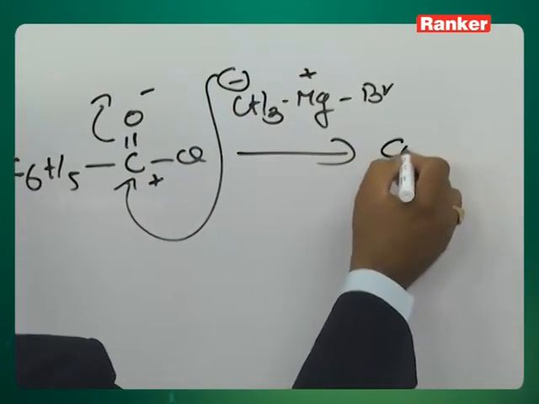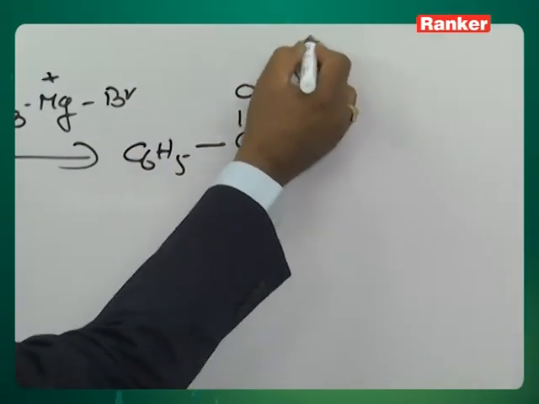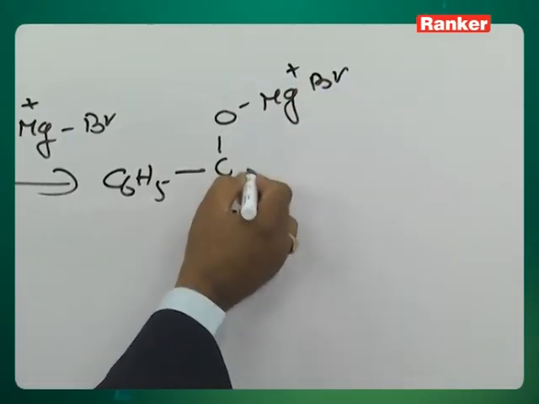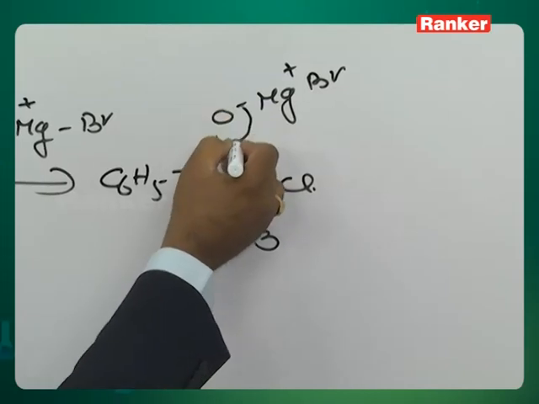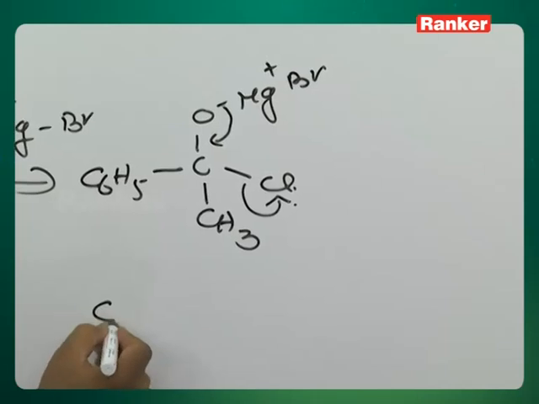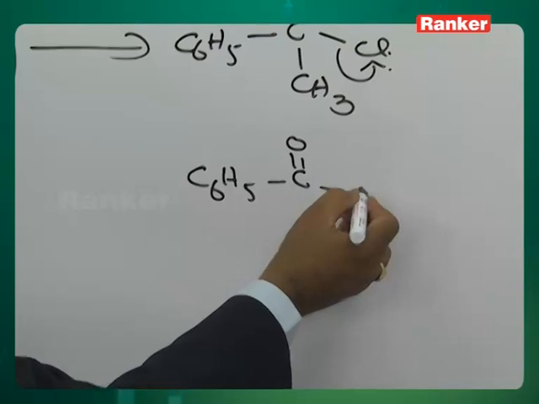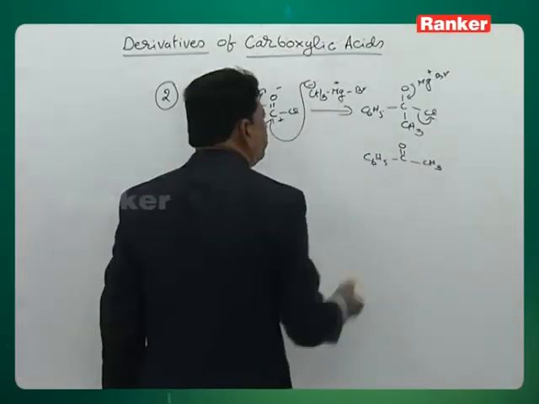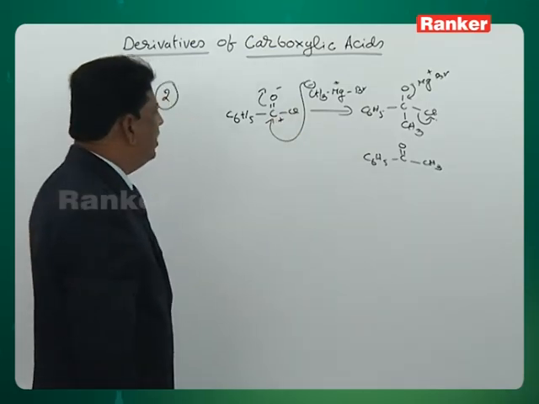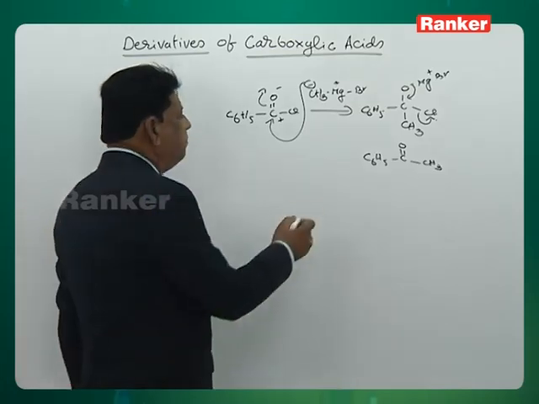So, you will get a C6H5 and when O minus comes back, the Cl will be replaced. Actually, it is a nucleophilic addition, but the Cl is replaced. Therefore, finally, it looks like the Cl is gone and a methyl has come.